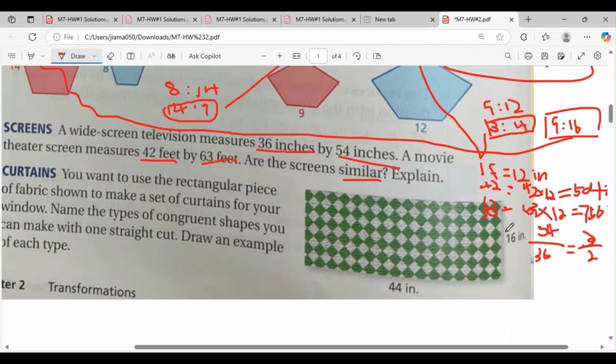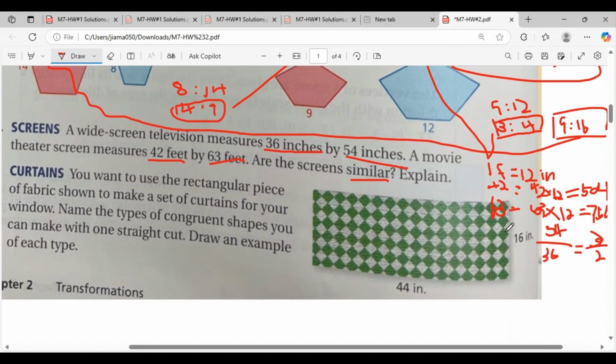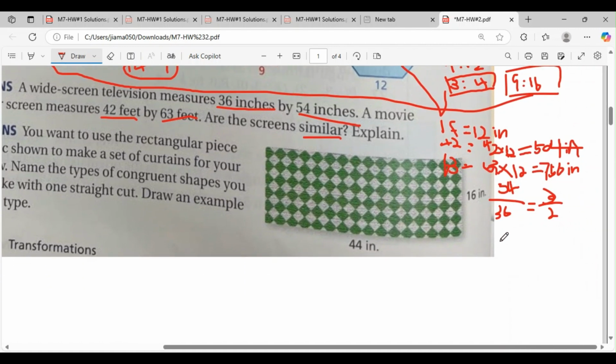Okay, let's see the movie theater screen. 756 divided by 504 equals 3 divided by 2.